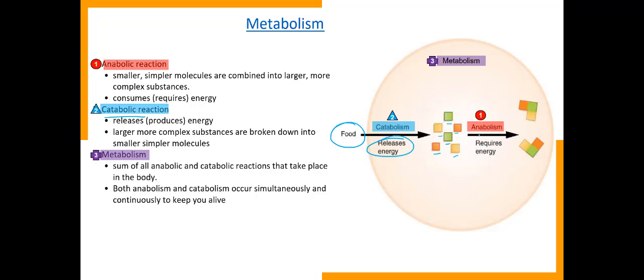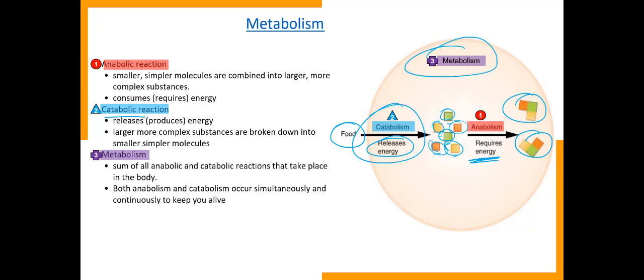So you can see here in an anabolic reaction, you have these simple building blocks being combined together to form more complex, larger substances. And anabolic reactions require energy, right? So the term metabolism encompasses both catabolism as well as anabolism, right?